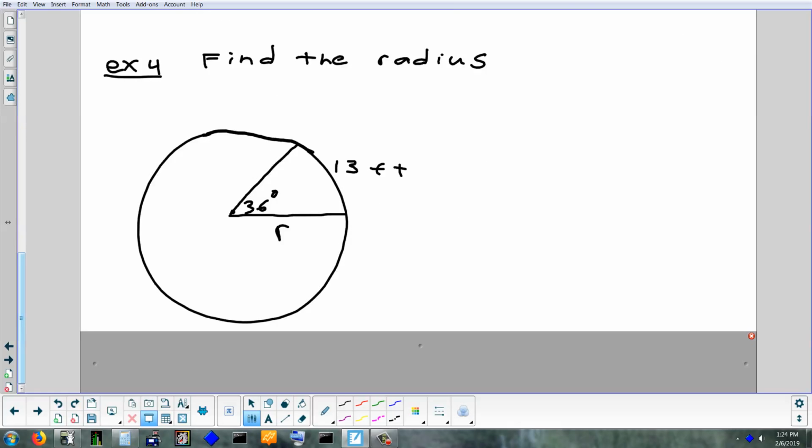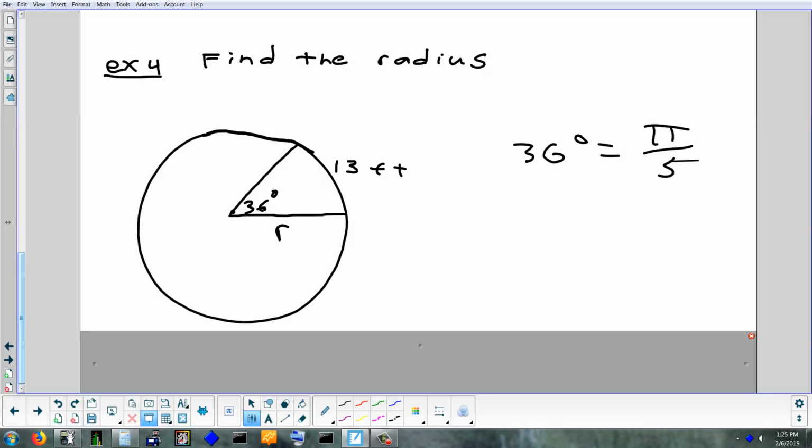Okay, so looking at that one, any thoughts what we need to do? Yes, first thing we have to do is change degrees to radians. If you do that, you'll get pi over 5. Right, so if you multiply by pi and divide by 180, 36 goes into 180 5 times. Okay, so that's from the part we did yesterday.